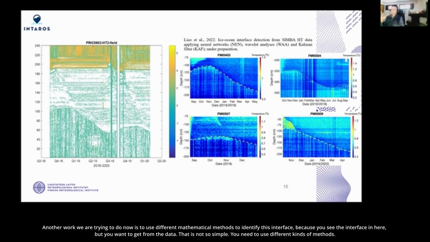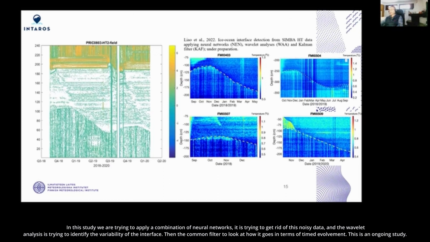Another work we are trying to do now is to use different mathematical methods to identify this interface. Because you see the interface here, but getting it from the data is not so simple, and you need to use different kinds of methods.